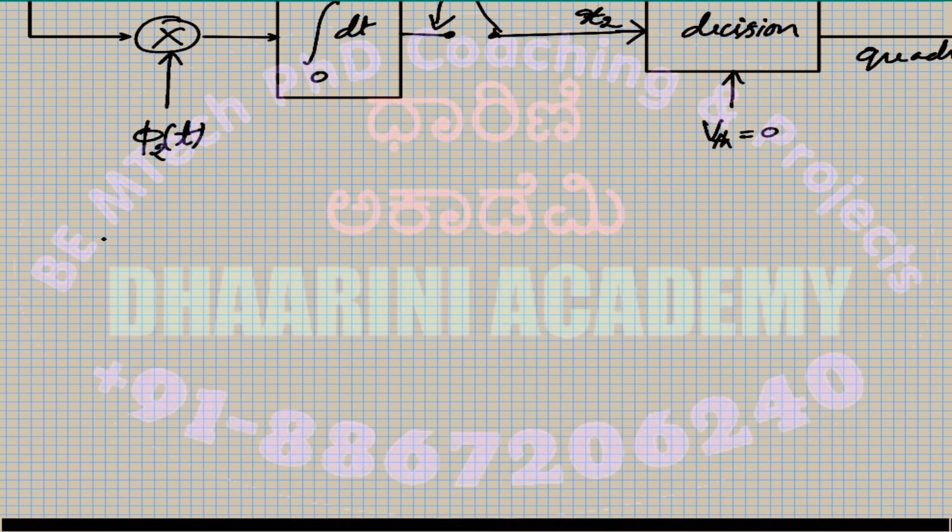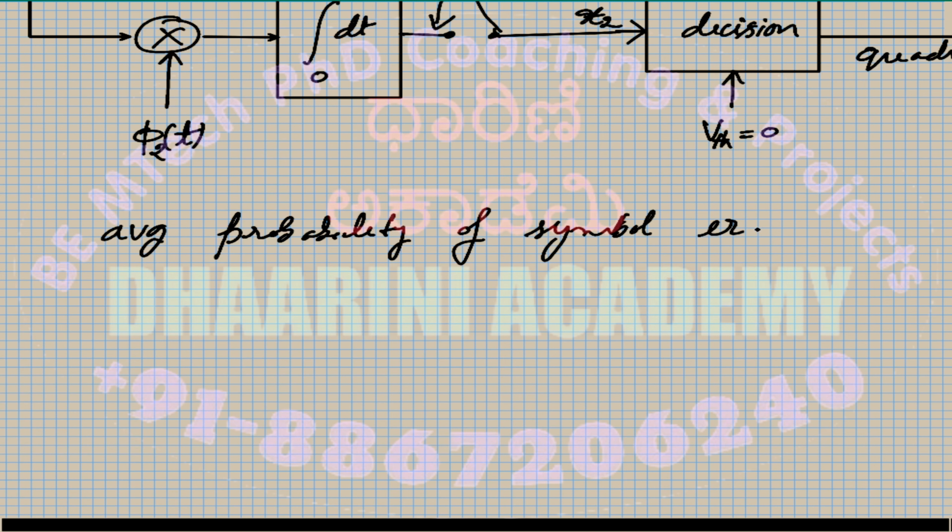So the average probability of symbol error, denoted by PE, is equal to the error function, square root of EB by N naught.